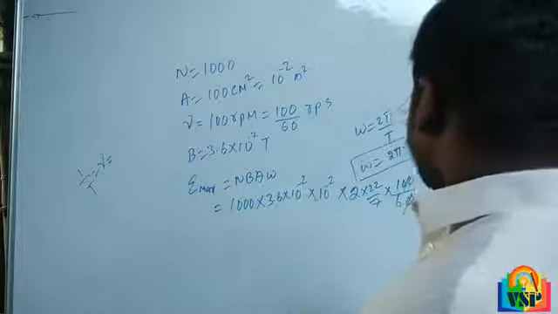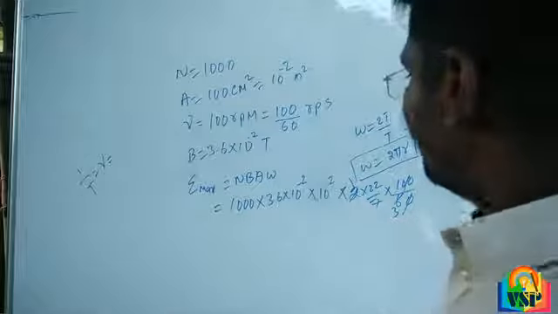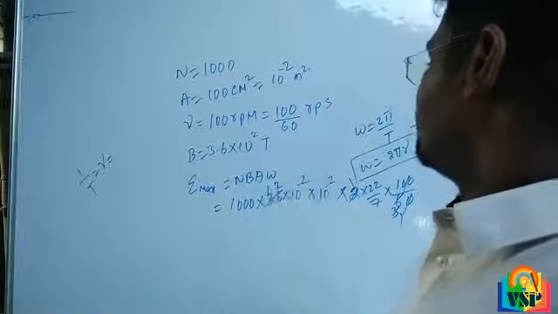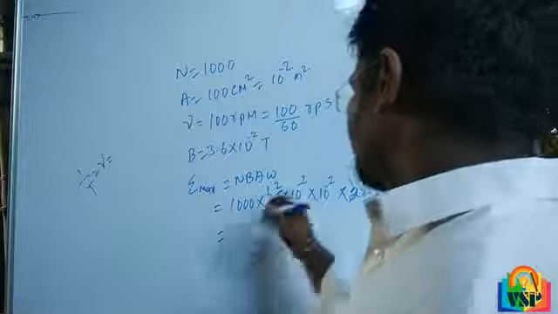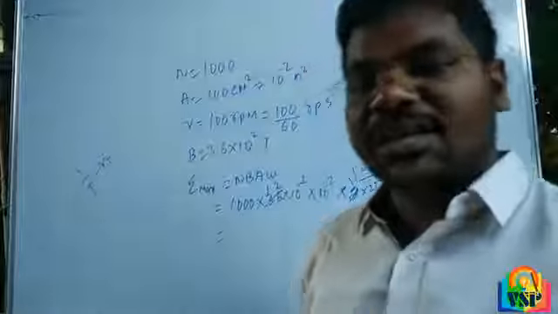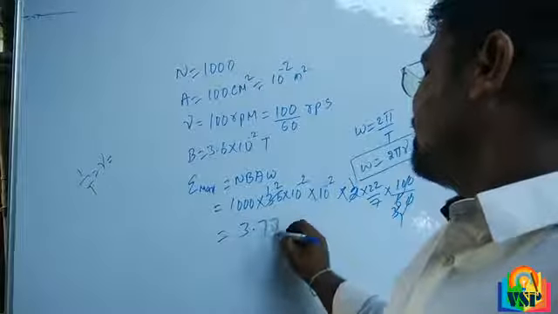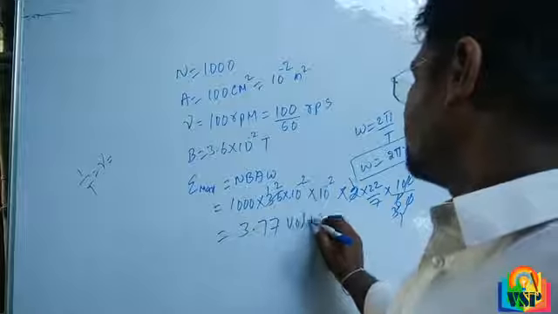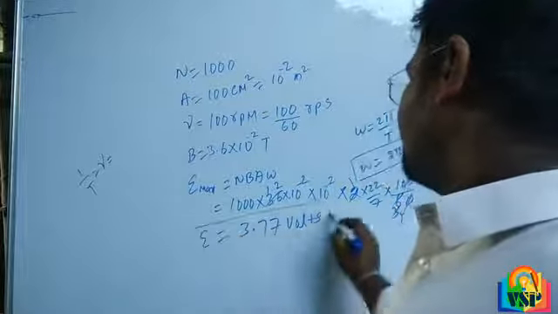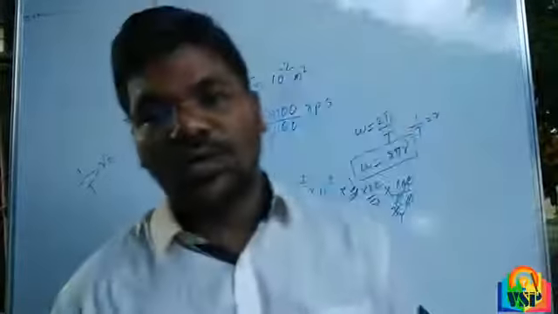Zeros cancel, and by cancelling we can get 3.77 volts. E maximum is equal to 3.77 volts.